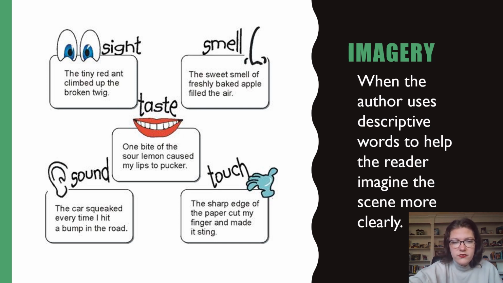The sweet smell of freshly baked apple pie filled the air. I can imagine the flavors of cinnamon and baked apples and some sugar, and I can visualize what that could smell like, right? I'm not going to go through all of these because we've talked about this before, but remember, imagery is those descriptive words that help the reader imagine the scene more clearly.